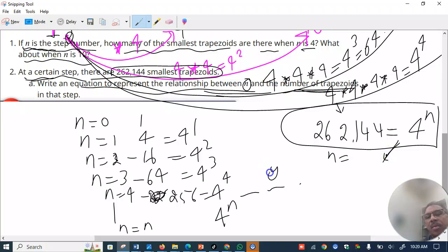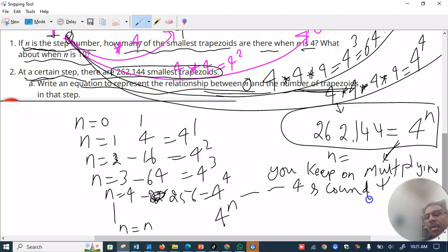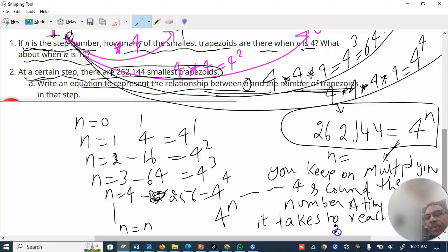So this means you keep on multiplying 4 and count the number of times it takes to reach 262,144.